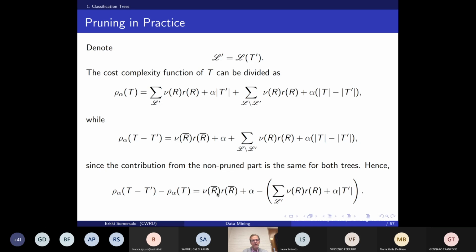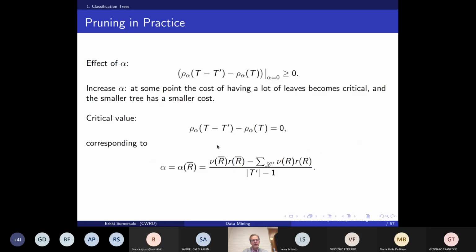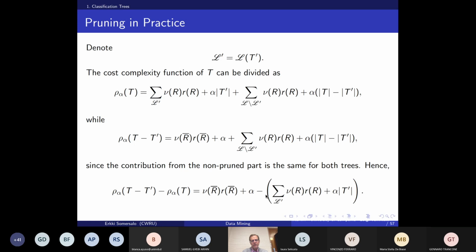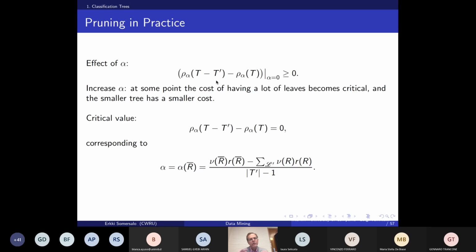Now, if you look at this formula here, you notice that this number is always positive. I'm not going into detail on how you see this by looking at the formula, but let me try to explain why this is the case. When alpha is 0, you never give any weight to the complexity of the tree. And of course, the bigger tree is doing a better job in classification than the smaller tree.